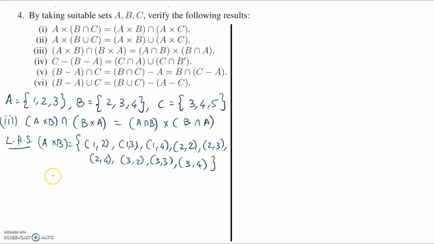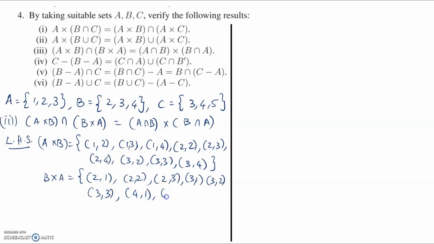Then let's take B Cartesian with A. So B Cartesian with A will be 2, 1, 2, 2, 2, 3, then 3, 1, 3, 2, 3, 3, 4, 1, 4, 2, 4, 3.